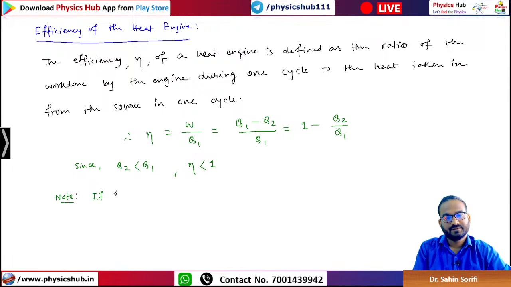If Q2 is equal to 0, then eta is equal to 1, which is not possible in practice. Some heat will always go to the surrounding.